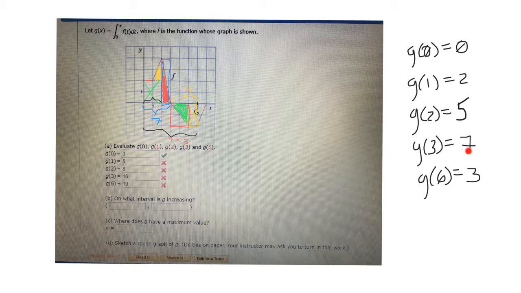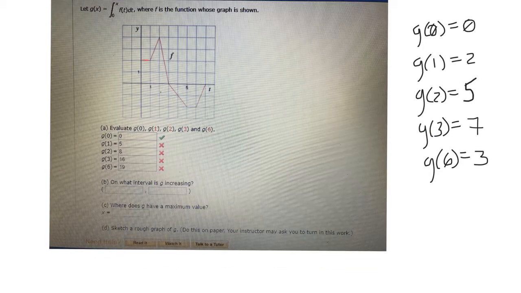But something happened after g of 3, right? And that's really the cutoff point. G of 3 is the cutoff point where it became official that g started decreasing, okay?